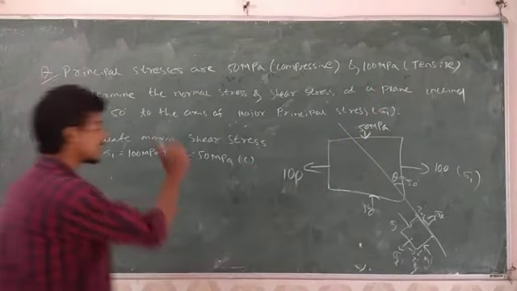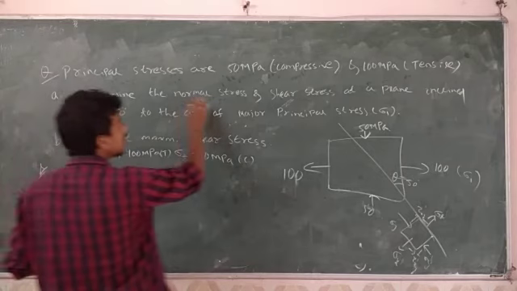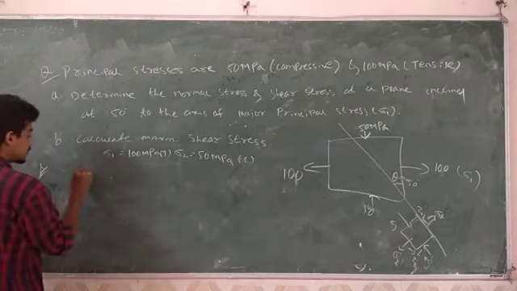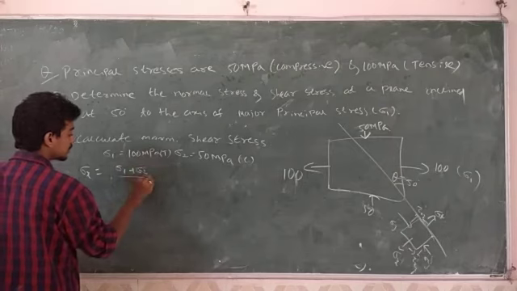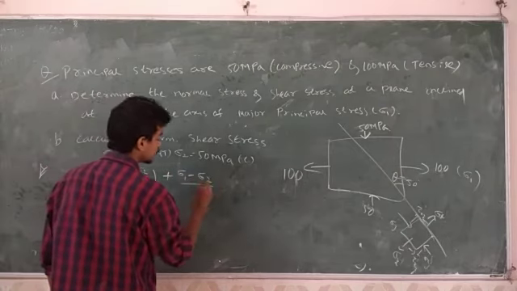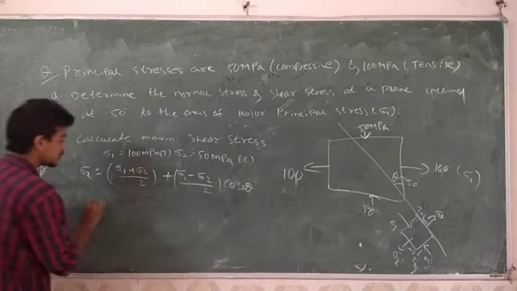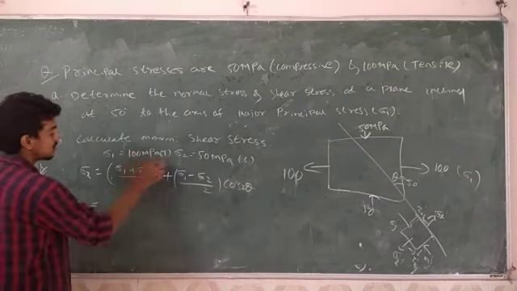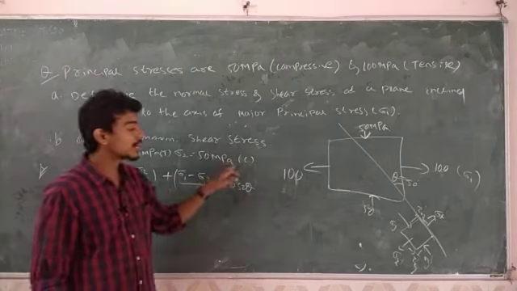So that you have to take care of in the formula. That is why I am solving this problem. So you have to find out the normal stress. So what is the formula of normal stress? Sigma 1 plus sigma 2 by 2 plus sigma 1 minus sigma 2 by 2 cos 2 theta. Just put all the values. Sigma 1 is 100 megapascal plus sigma 2 is 50 megapascal compressive.